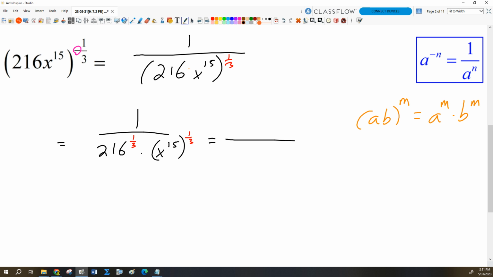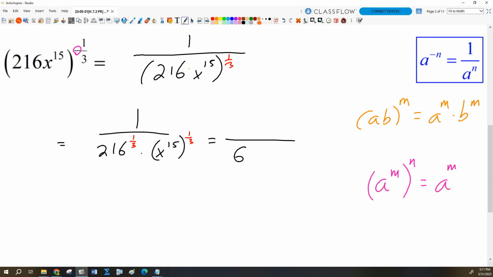Cube root of 216, which is 6. Aha. So I get 6. And then what's x to the 15th to the 1/3? X to the 5th. Good. How come? Because what's our property there? If I take a power, raise a power to a power, what do I do with the exponents? You multiply. Exactly. Good.